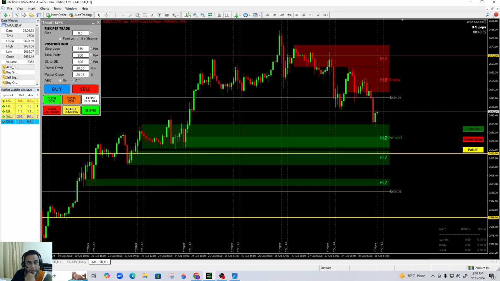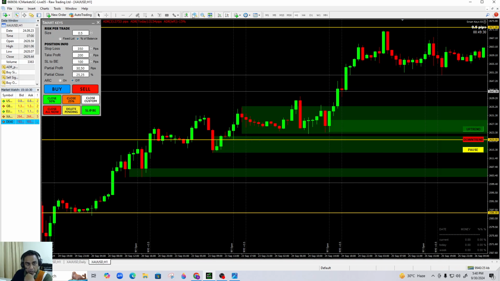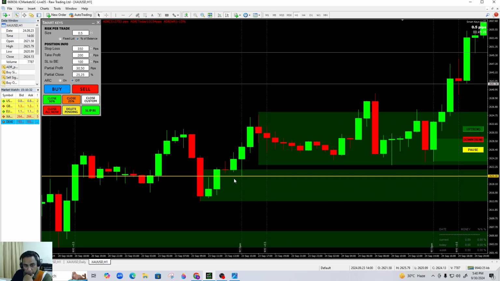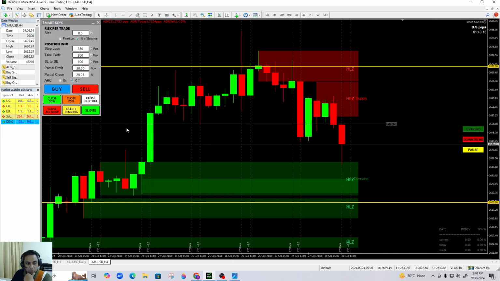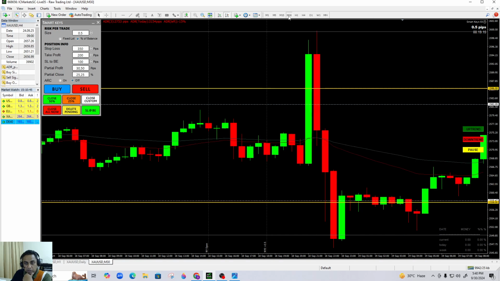This candle here grabbed liquidity from this zone, this candle. So maybe you can pay attention to that candle as well. That's on the H4 and the H1. There's nothing on the M30.